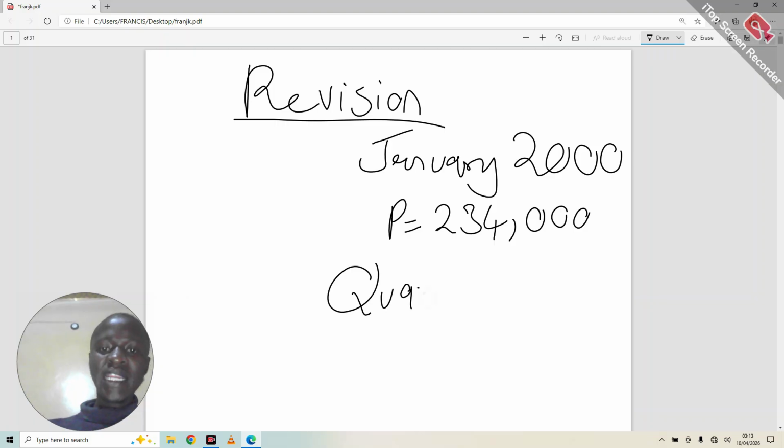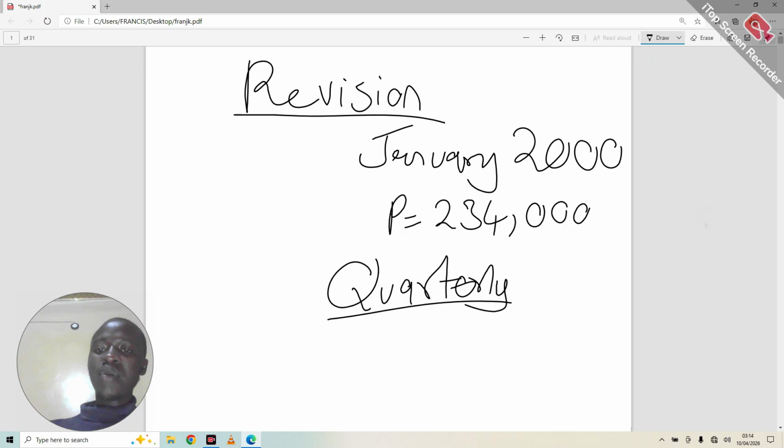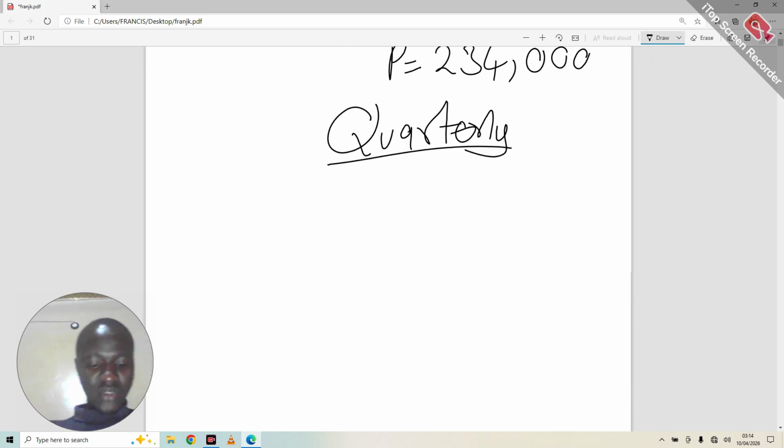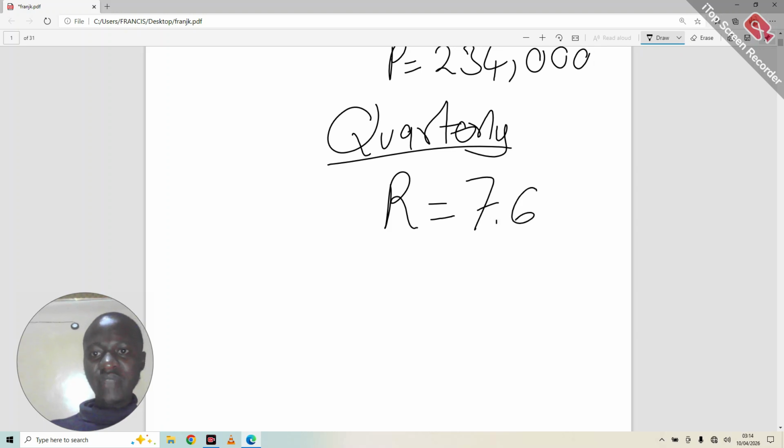These are the main terms, quarterly. Remember, we talked about something there in those previous videos, quarterly, semi-annually. So the rate has been given as 7.6% per annum. During which year? They want us to get the year, or n.